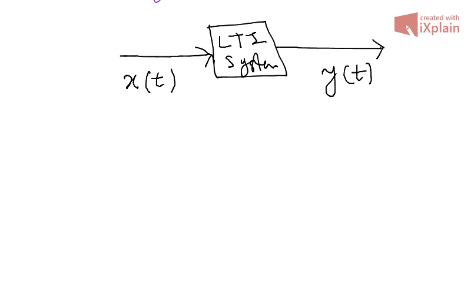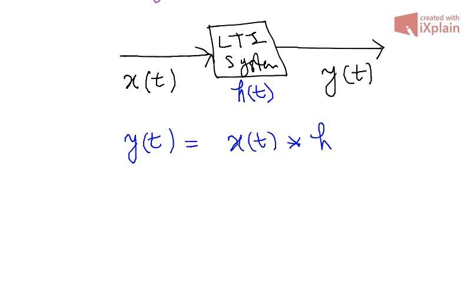I hope everyone can write the expression for the output of the system. Suppose the impulse response of the system is h of t. You can write the output y of t as x of t convolved with h of t.